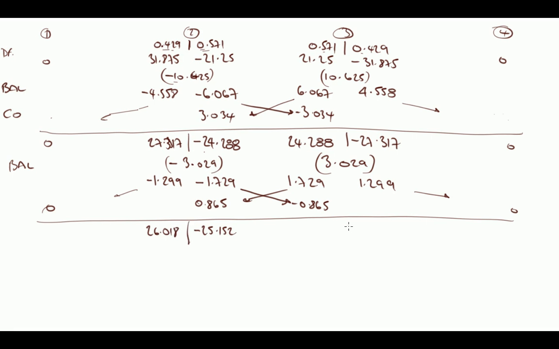Okay, on this side 24.288 plus 1.729 minus 0.865 gives me 25.152, and on this side minus 27.317 plus 1.299 gives me minus 26.018.